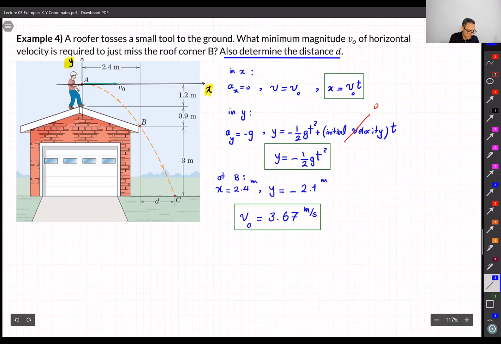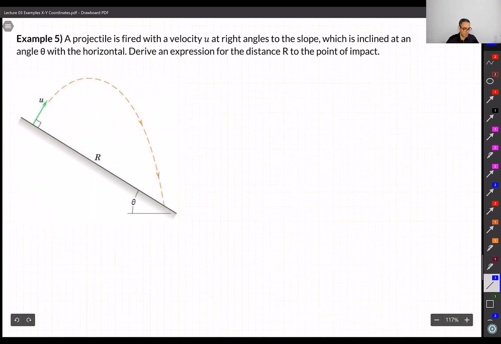So the question is asking about this distance. Any questions, guys, or are we good to go? All right, then I assume it's easy for you guys. Then let's go to example number 5. I'll give you some time to think about it because I need to do the same.